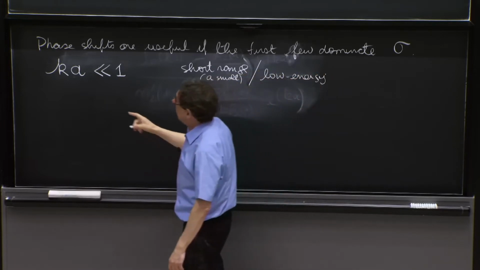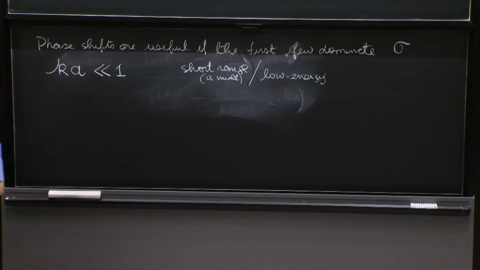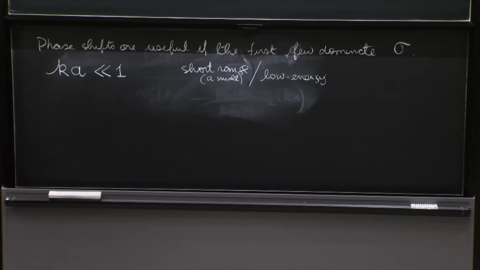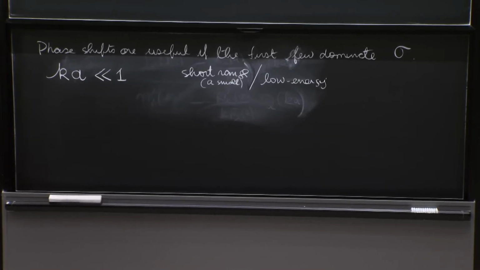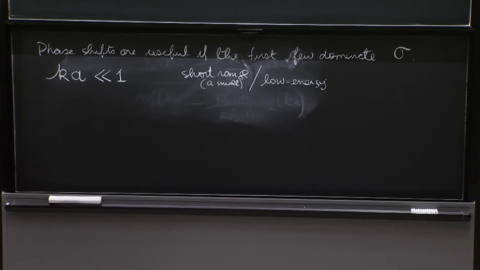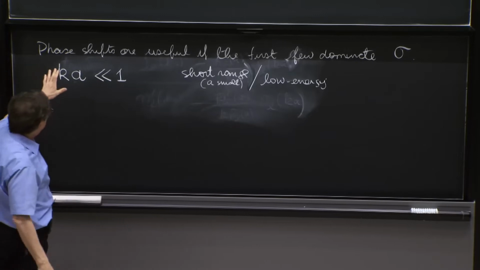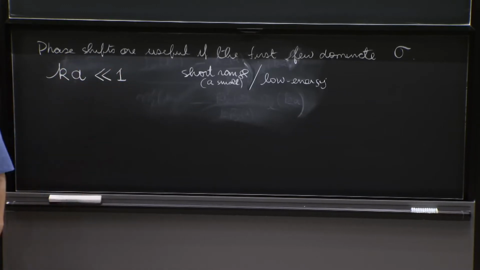That is K small, because the energy goes like K squared; if K is small, it is low energy. So these are the possibilities that would allow us to have a situation where only the first few phase shifts contribute to the cross-section. So let's see why that is the case and what is the intuition for this.